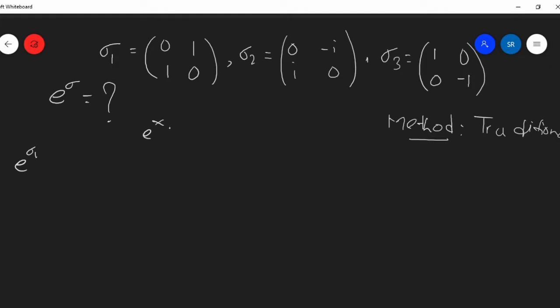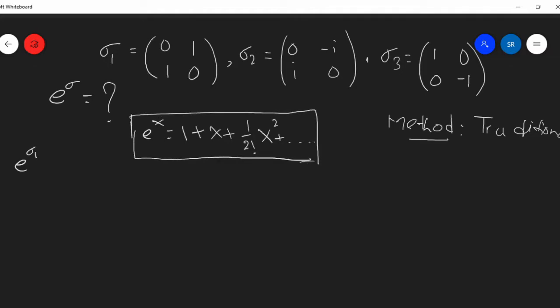For e^x, where x is a normal value or variable, our typical Taylor expansion is 1 plus x plus 1 by 2 factorial x squared. I should have practiced a little bit with my pen, but you get the point. So this is our exponential Taylor expansion.